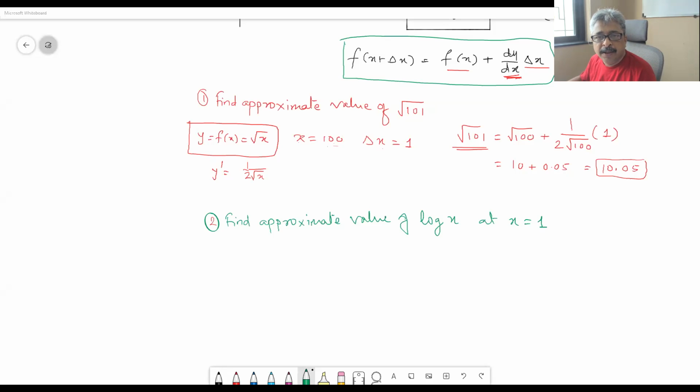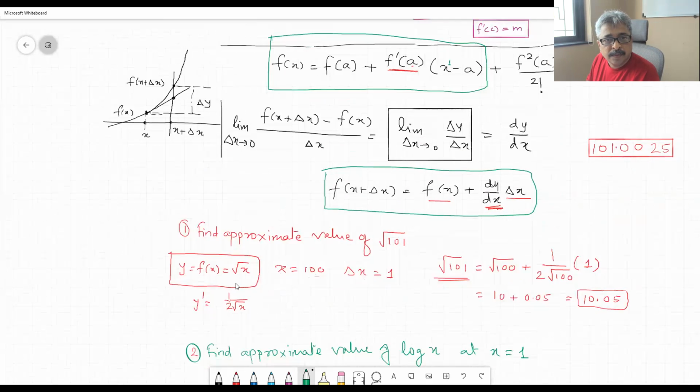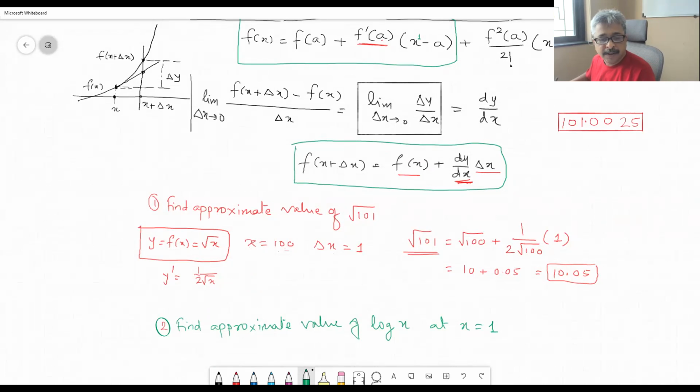So in this formula, we will find out. So this is f of x plus delta x, or we can use the upper one, this one, f of x. We will use this, f of x is equal to f of a plus f dash of a evaluated at x minus a. So here f of x is log x, as given. A is equal to 1, right?